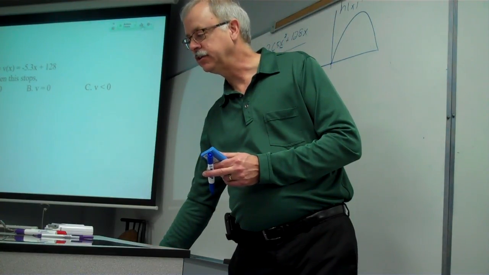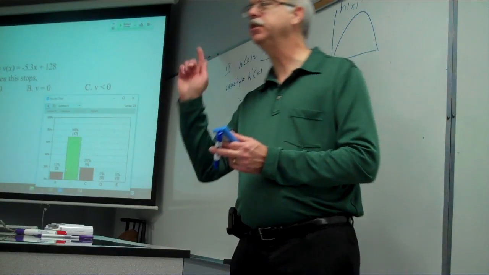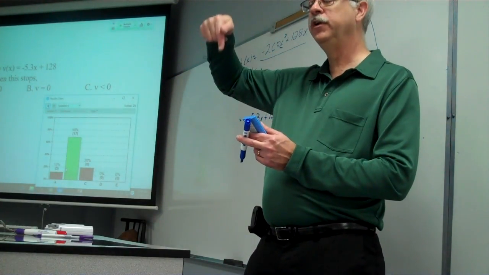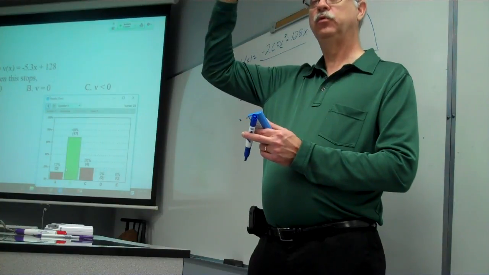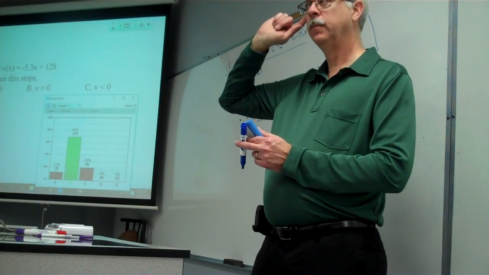Well, when it stops, the velocity is 0. If the velocity is still positive, we're still moving up. Once the velocity is negative, we're moving down. We are looking for that instant when it stops, when the velocity is 0.